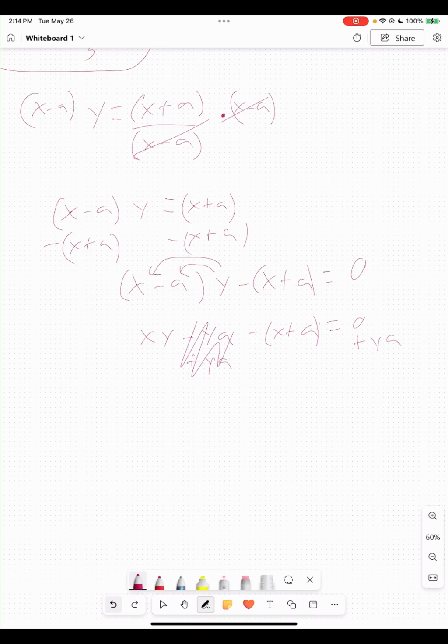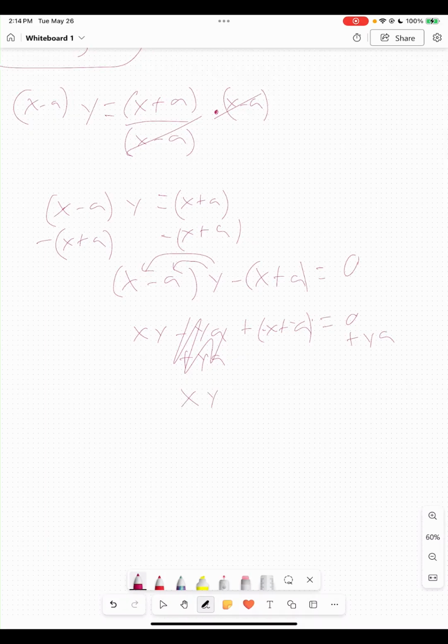But because this minus sign is being distributed, these are kept together. That'll get that x there, making that a minus a. So I can rewrite this as xy minus x minus a equals ya, like so. If I add a to both sides, I get xy minus x equals ya plus a.